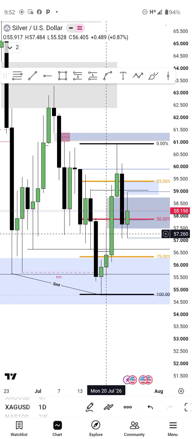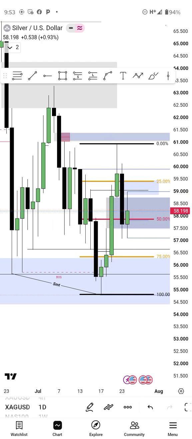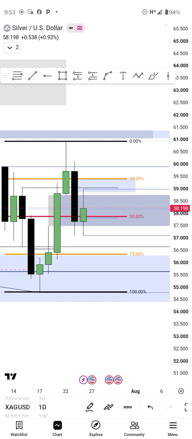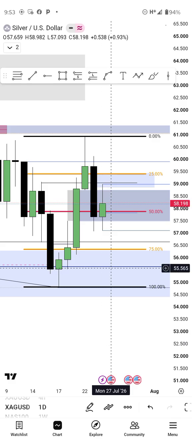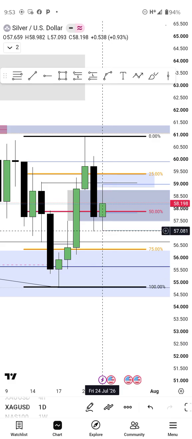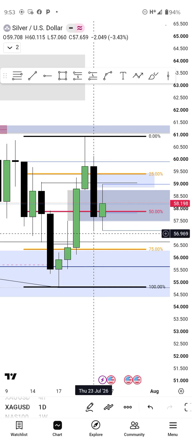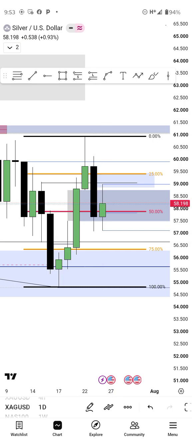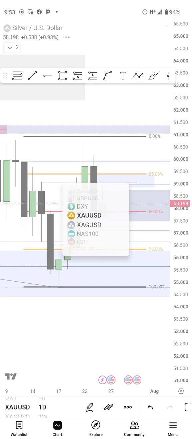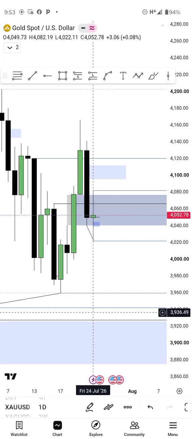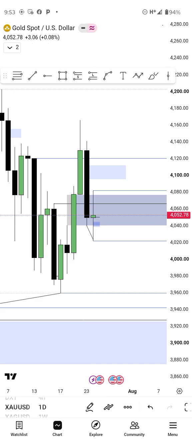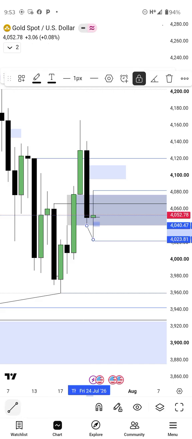We tap inside the FVG, and we tap below the 50% of the range. Below that 50%, you could see that this candle hasn't swept the previous candle's low, right? But if you see gold, gold has swept the previous candle's low.